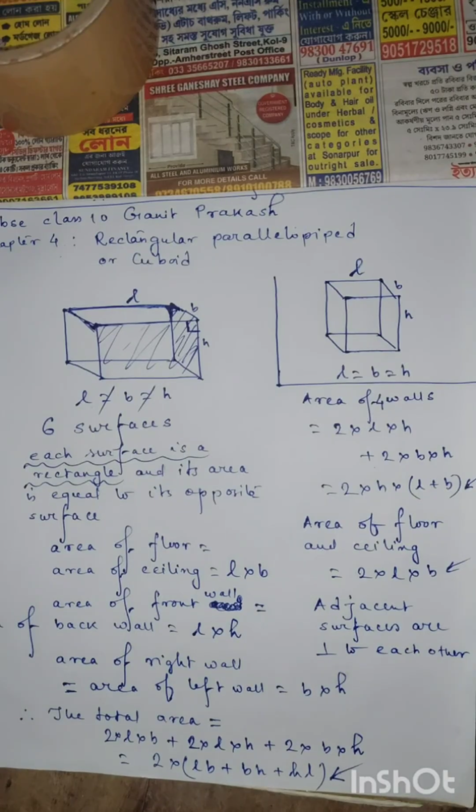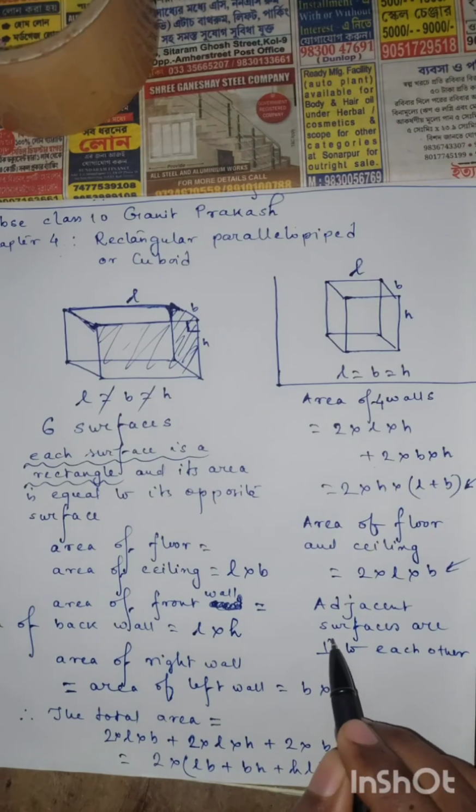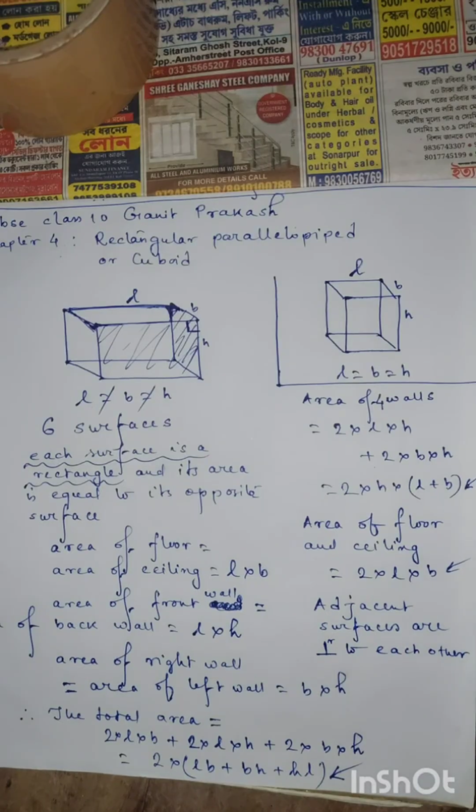Okay, adjacent surfaces are perpendicular to each other. This is our parallelepiped.